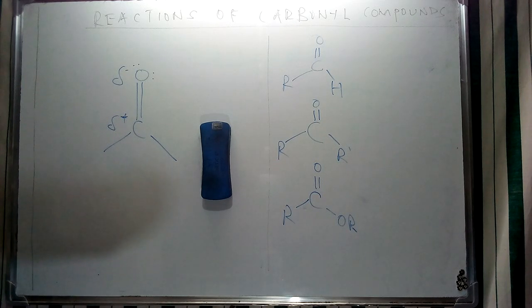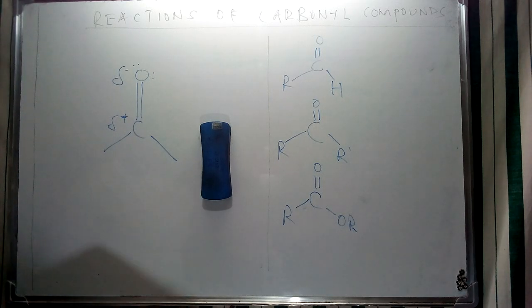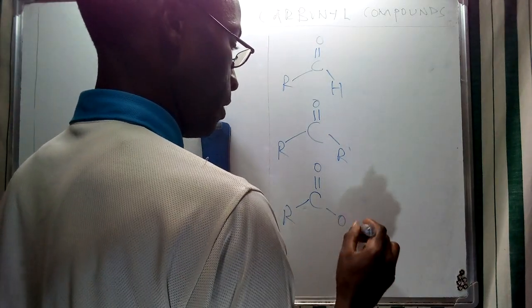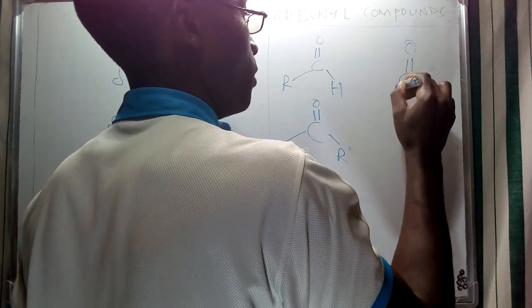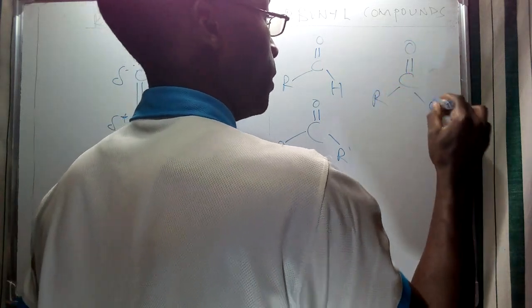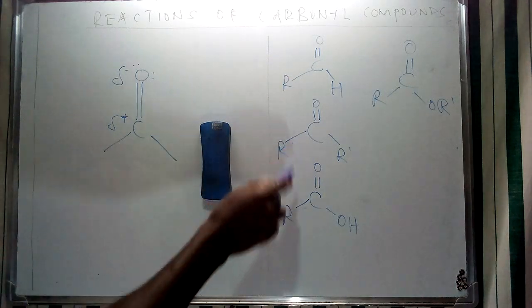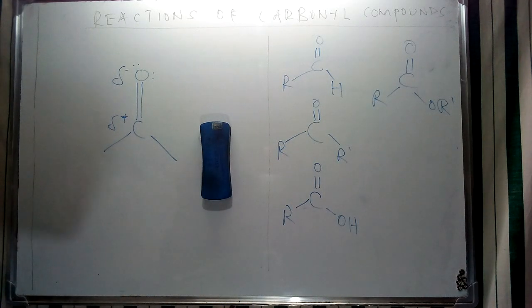So in this case, we are going to have aldehydes, ketones, carboxylic acids, and even what we refer to as esters. So this basically is an ester. Aldehydes, ketones, carboxylic acids, and esters all fall under the category of carbonyl compounds.